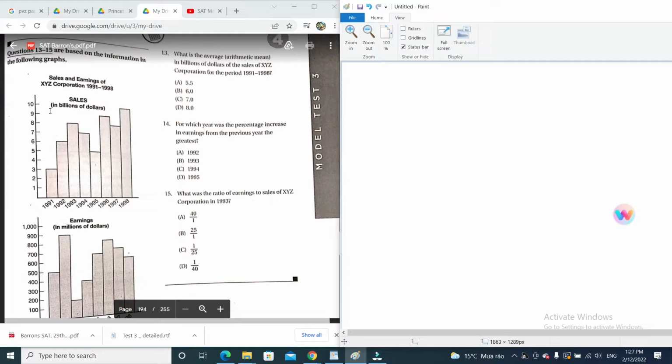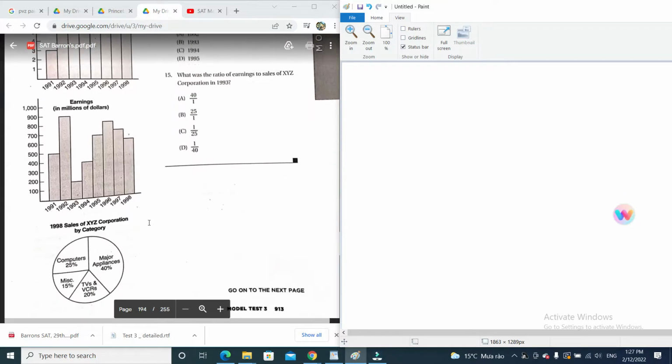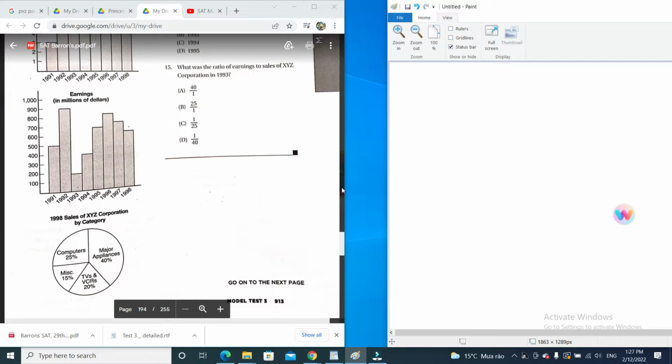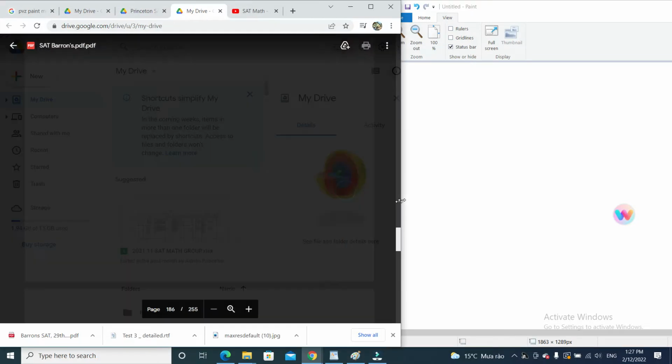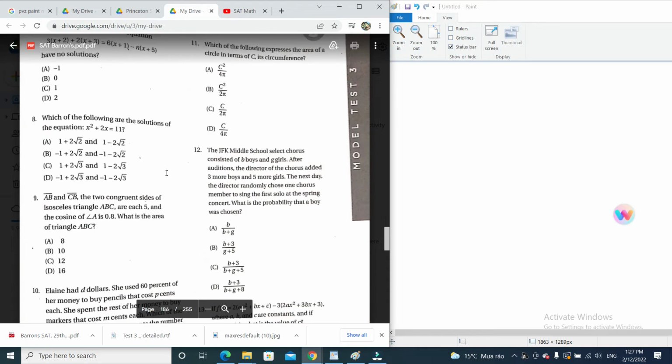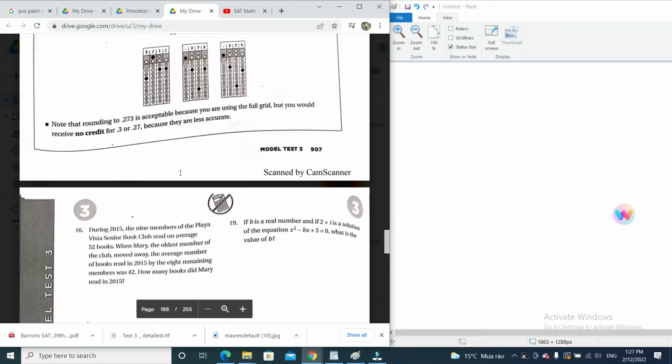And underneath those two bar charts, there's a circular chart, a pie chart, which gives us the percentage.